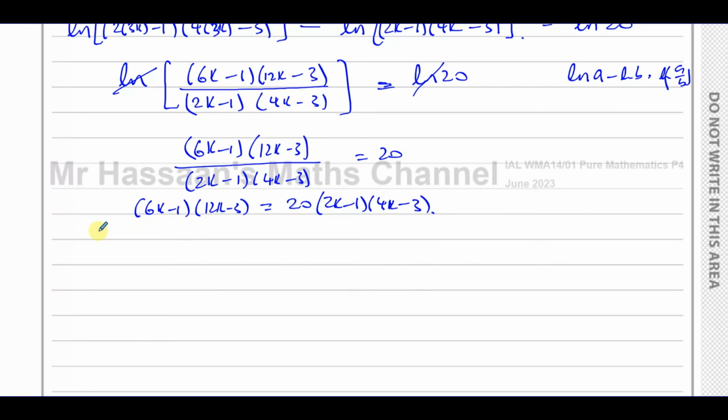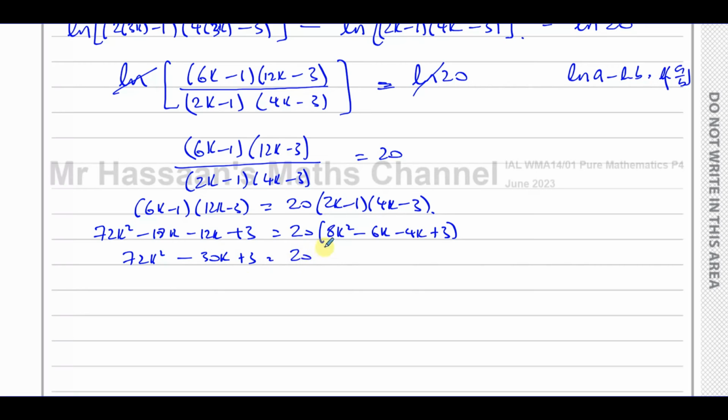So 6 times 12, 72. So 72k squared minus 18k minus 12k plus 3 is equal to 20 times 8k squared minus 6k minus 4k plus 3. So this is going to give us 72k squared minus 30k plus 3.